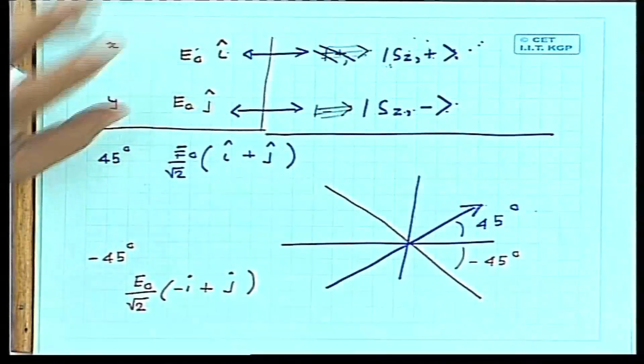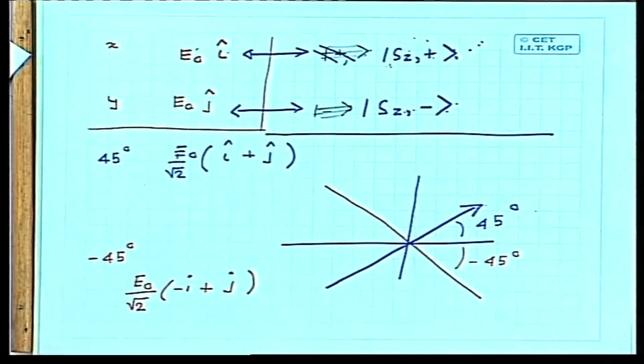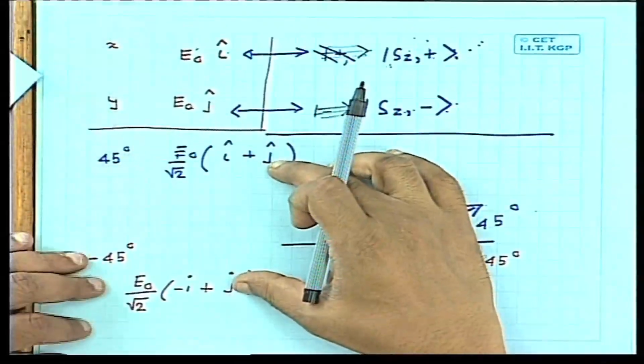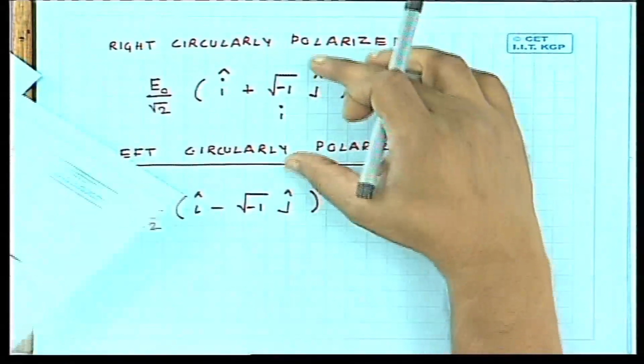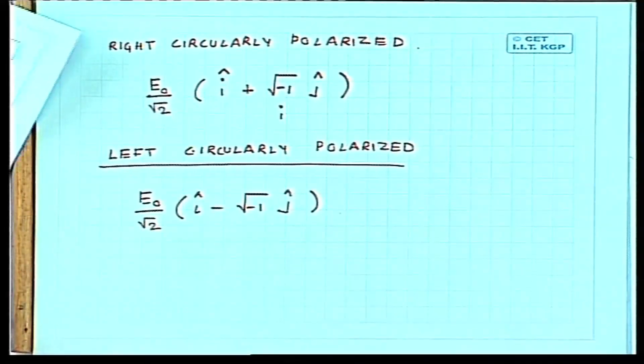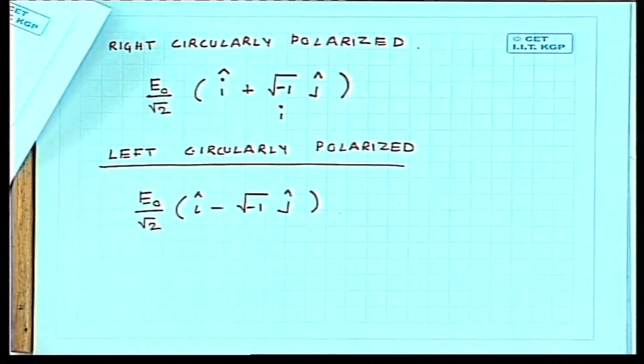There are two basis vectors, and you have the freedom of choice of which two basis vectors you want to use, either this or this or this. And any of them can be expressed in terms of each other. Any other polarization state also can be expressed in terms of any one set of basis vectors. And there are only two independent basis vectors to express the polarization state of light.